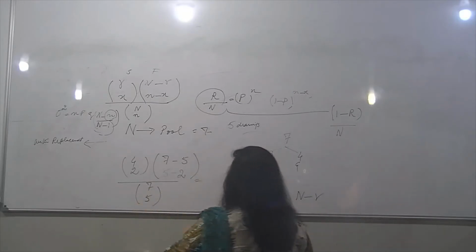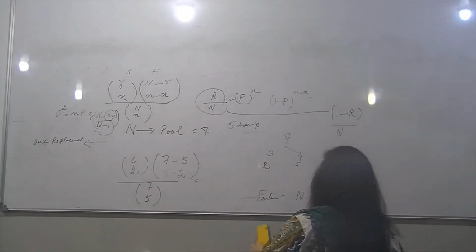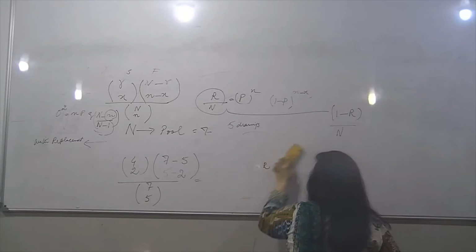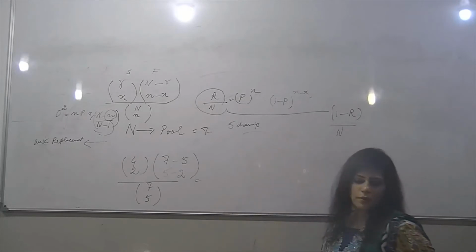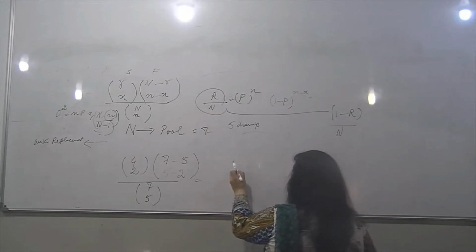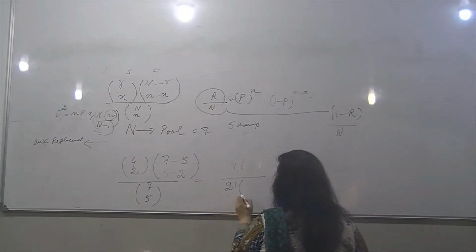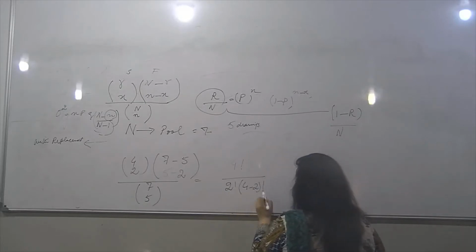Now how are you supposed to open the factorial? Usually, by cancelling out the common terms, the way you open this is 4 factorial over 2 factorial into (4 minus 2) factorial.